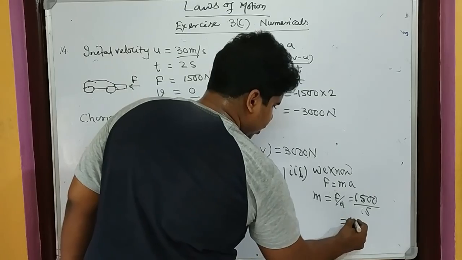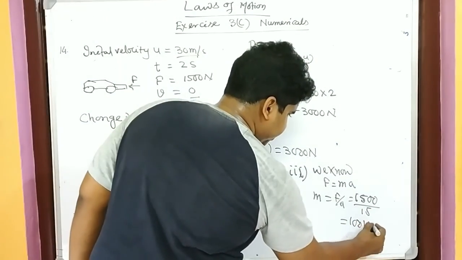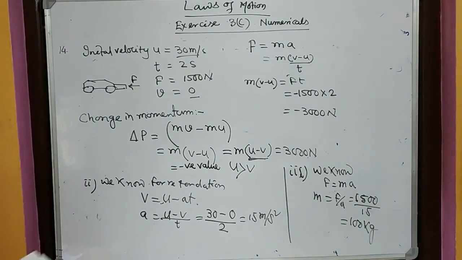So it is 100 kg. So the answer will be 100 kg. That is the mass of the car. If you practice other numericals using that equation, I think you will be able to do them. Okay. Thank you.